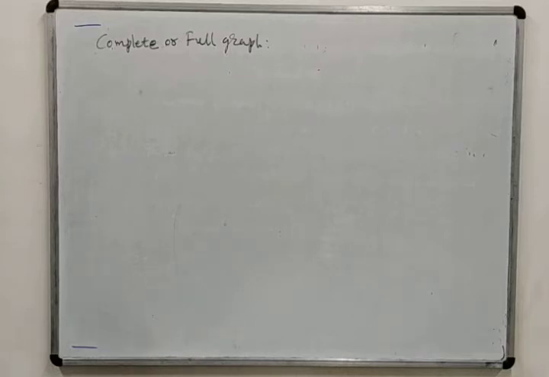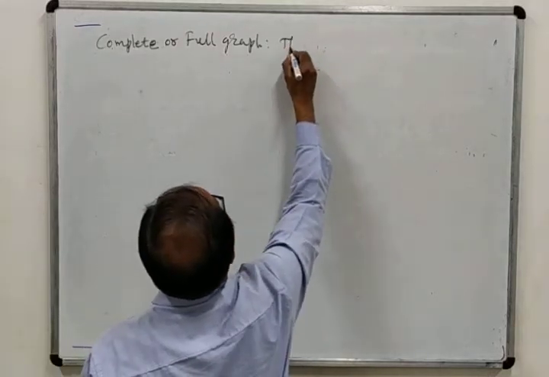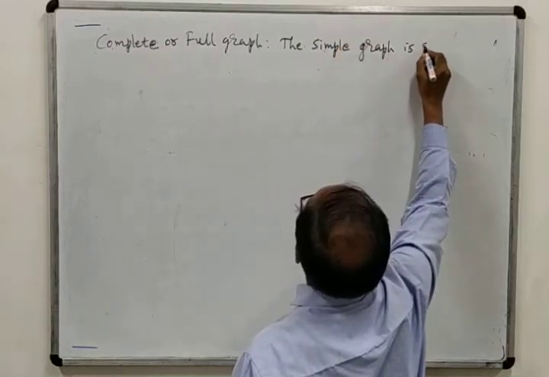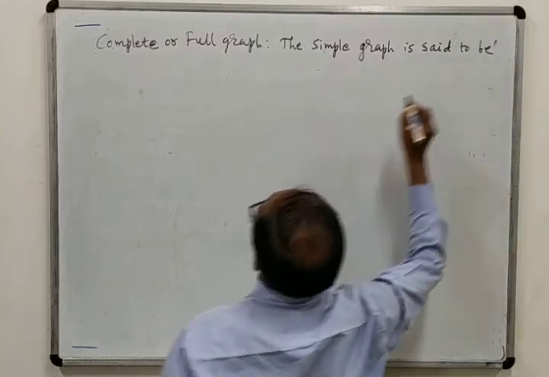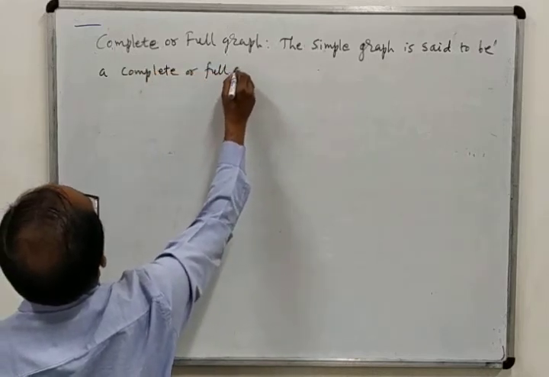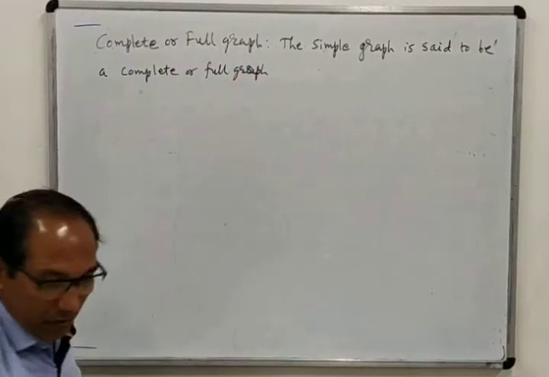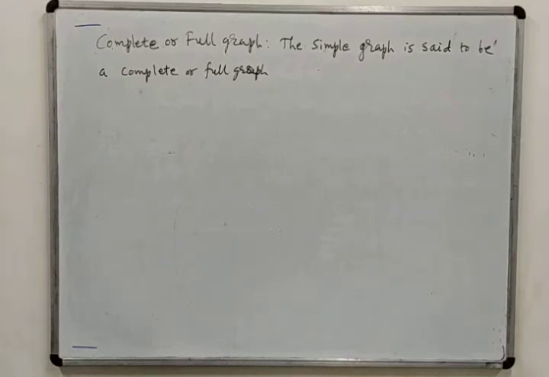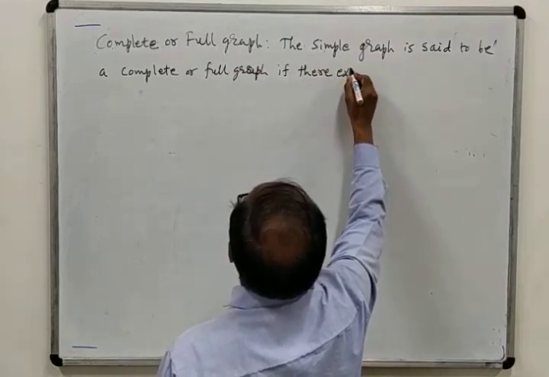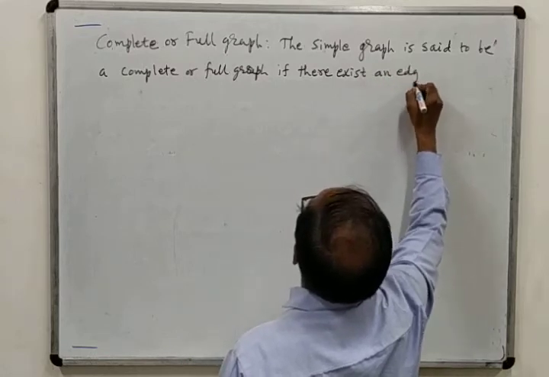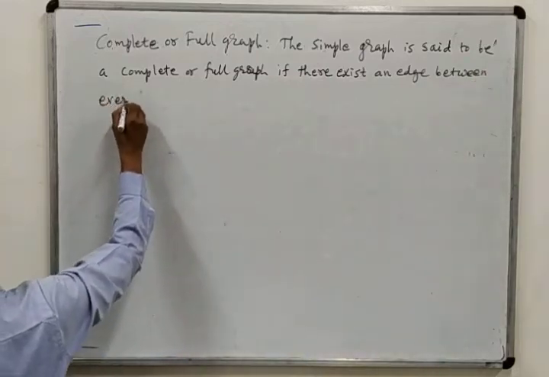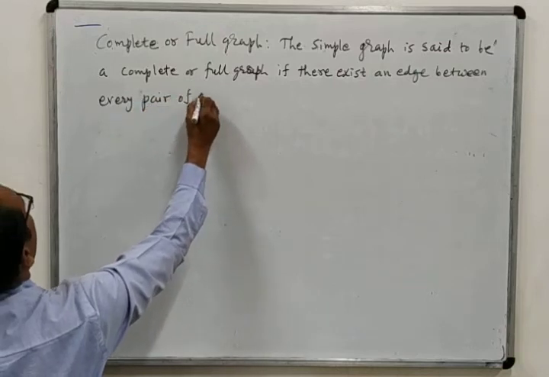So, the definition is that a simple graph is said to be a complete or a full graph if there exists an edge between every pair of vertices.